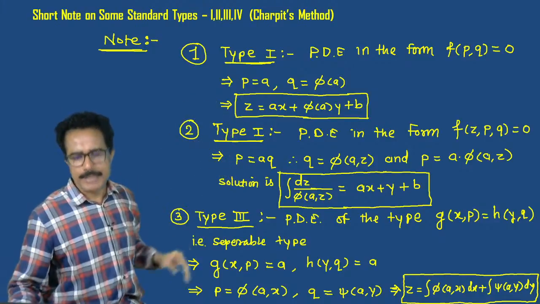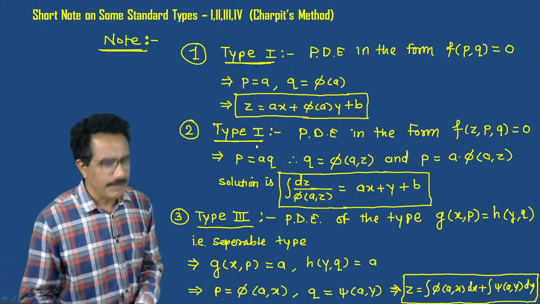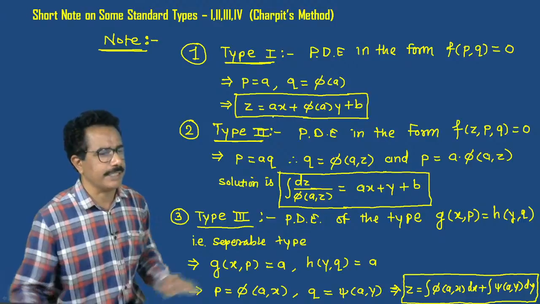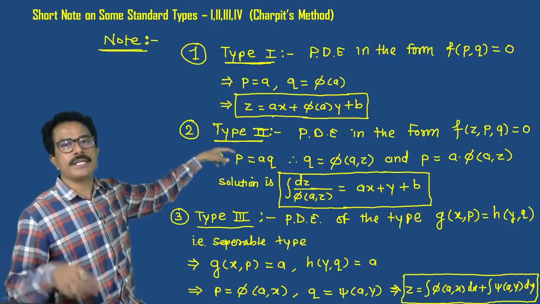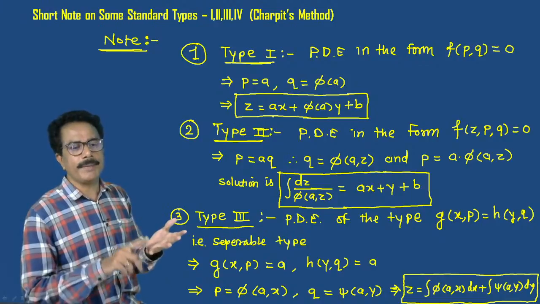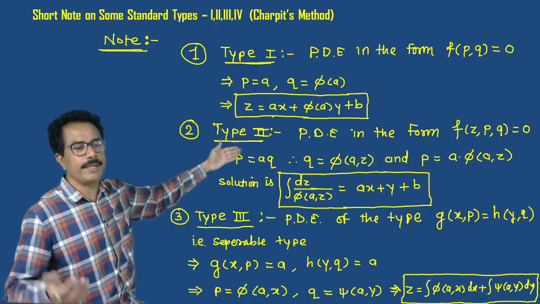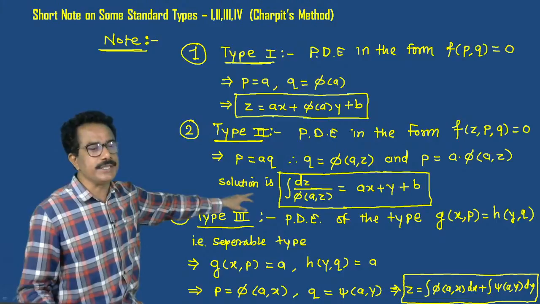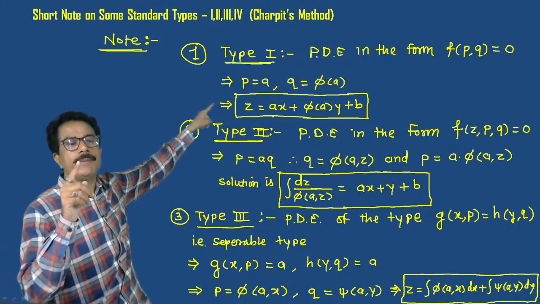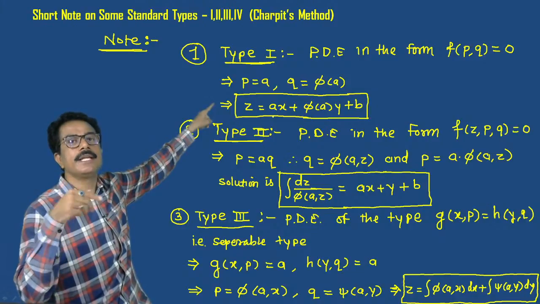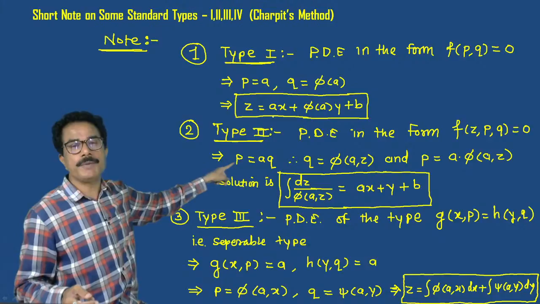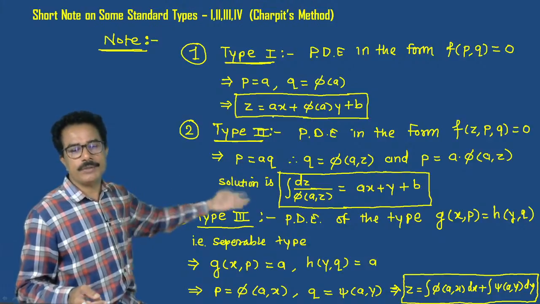Second type: if the partial differential equation is a function of z, p, q, that is f of z, p, q, then its solution is in this way. The most important thing in the first type is p equals a, then q is phi of a. The most important equation in the second type is p equals aq, then we can solve.